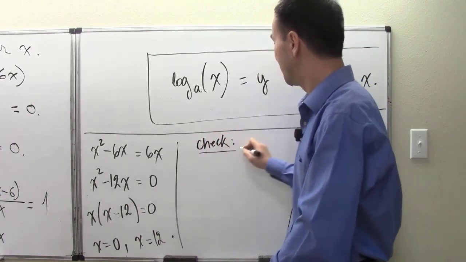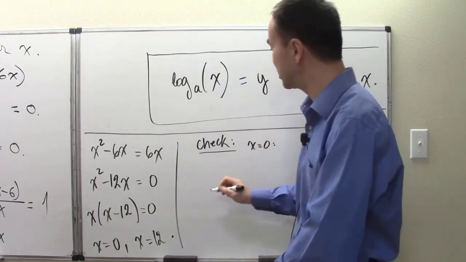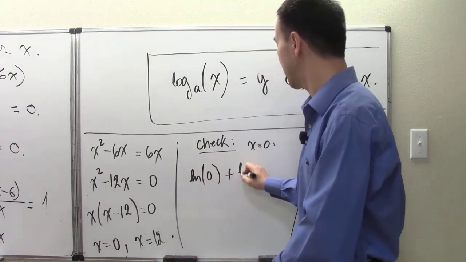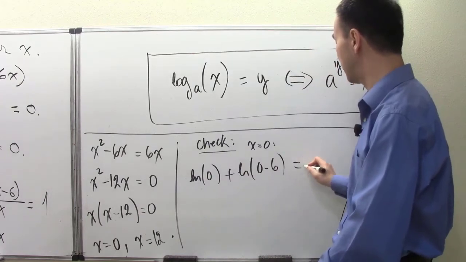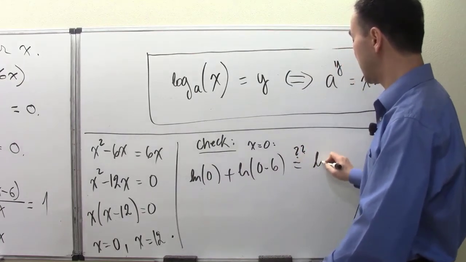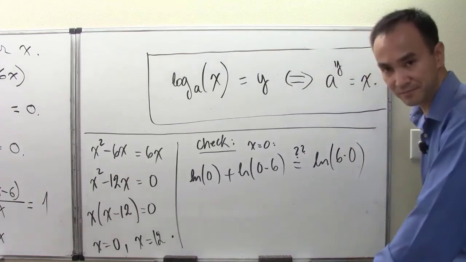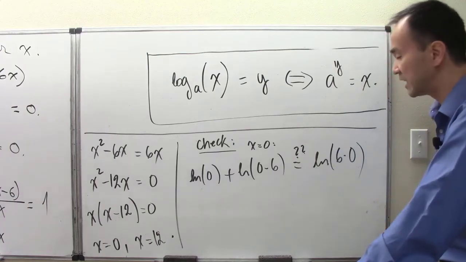All right, for x equals 0, let's find out what's going to happen. If we substitute this into our original equation, natural log of 0 plus natural log of 0 minus 6 on the left-hand side, we want to find out if it's equal to natural log of 6 times 0 on the right-hand side. So now we don't even need to proceed into the evaluation.